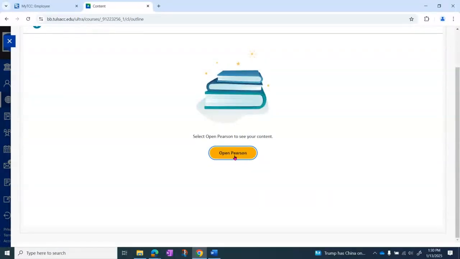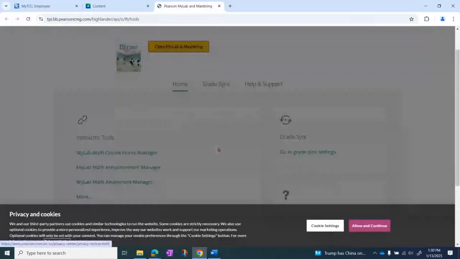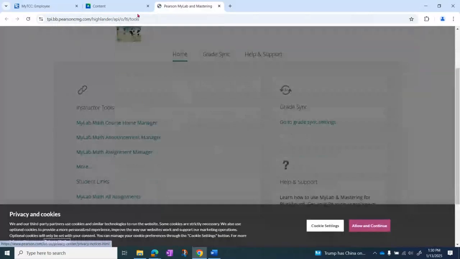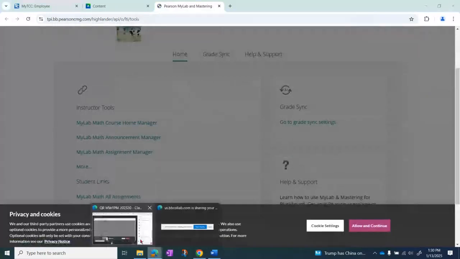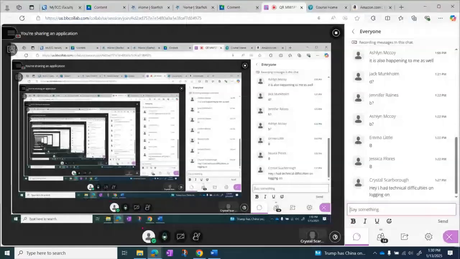So you need to open Pearson. You need to continue from there. You need to create an account with Pearson if you do not have one yet. Please use your TCC institutional email to create the account.